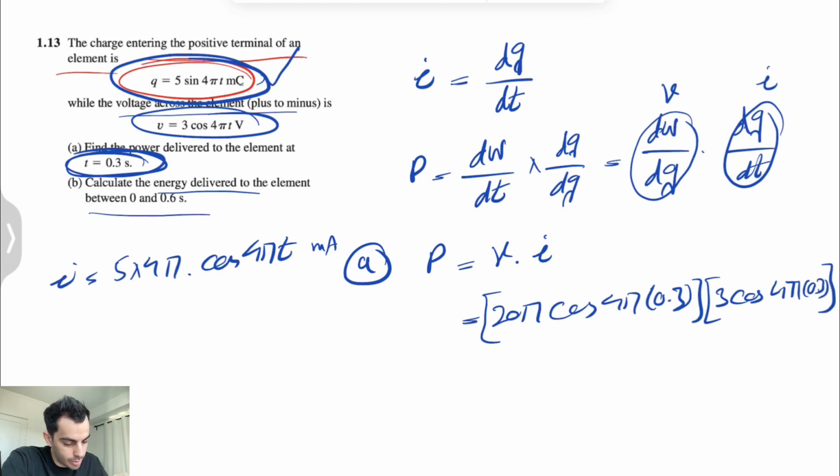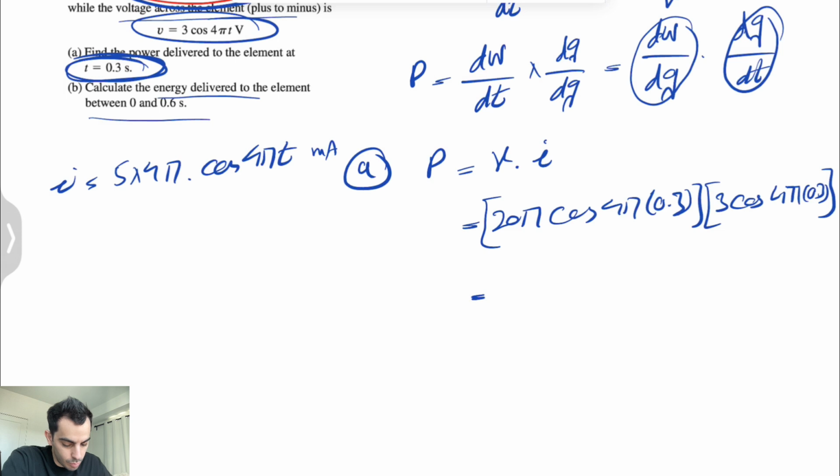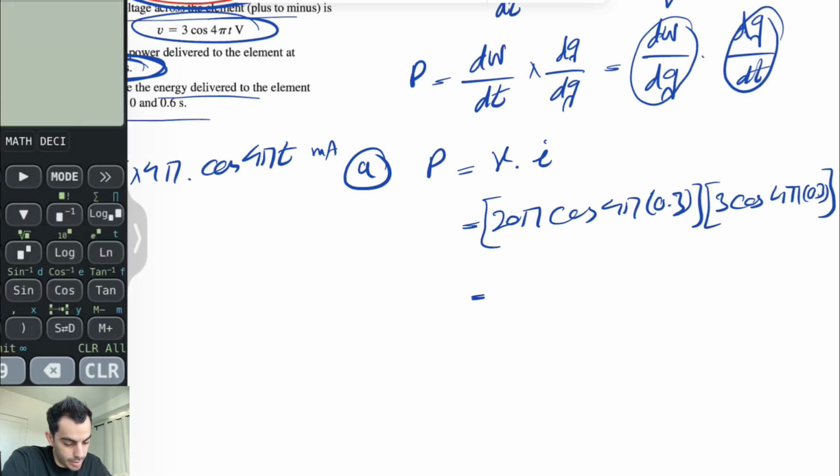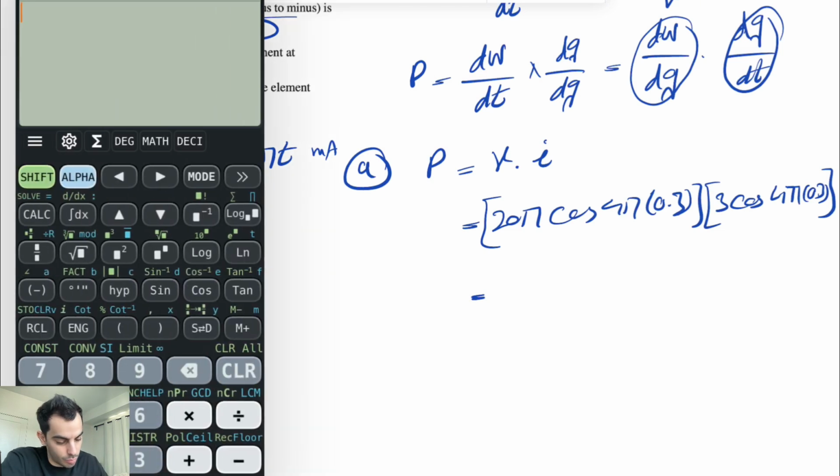The rest of this is just a calculation. One thing that you need to keep in mind is that the values for cosine in here are in radians. So first of all, make sure that your calculator is set to radian instead of degree, because you're going to get wrong answers. I'm just going to click on this, so now it's on radian.